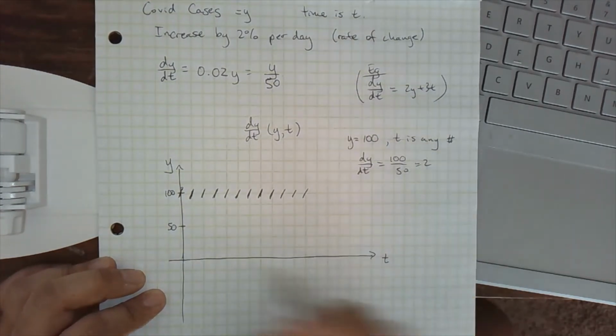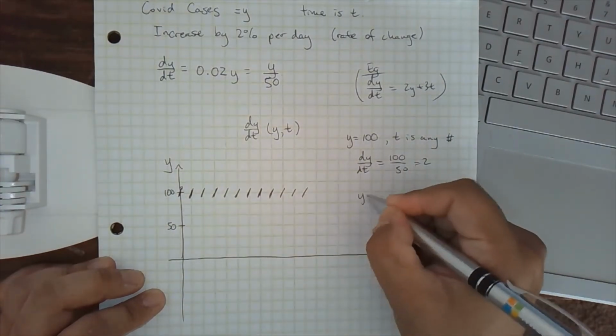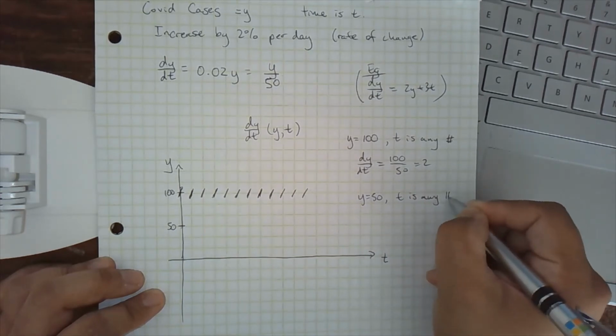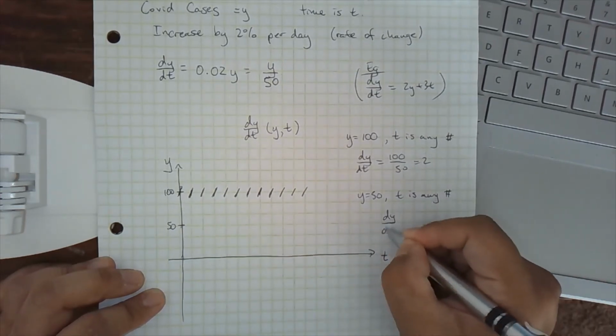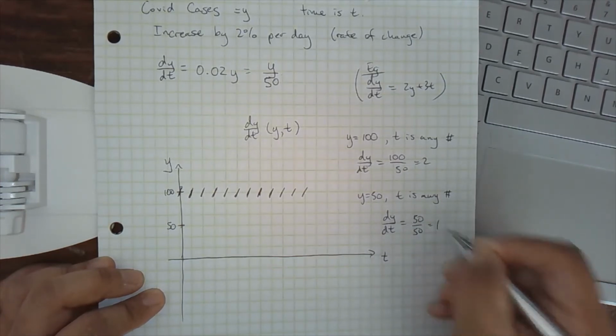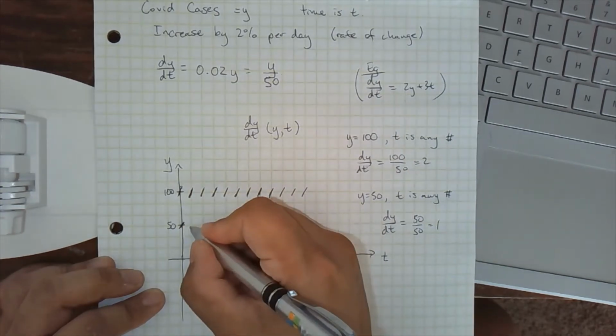Okay, that's slope 2. Now if y were 50, and t was any number, then dy by dt is 50 over 50 is 1. Okay, so here's a slope of 1.